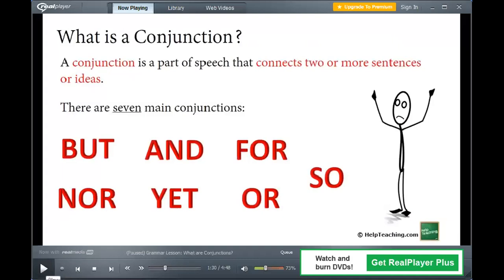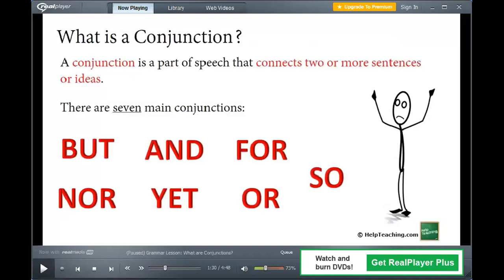So now we have 7 main conjunctions. We use the word main because these are not the only conjunctions. We have more, but most times the ones that are commonly used in English, in writings, in speaking, these are the 7. We have the first one, but, B-U-T.